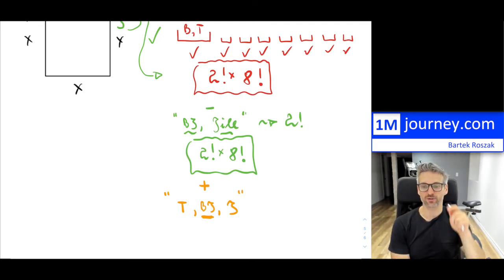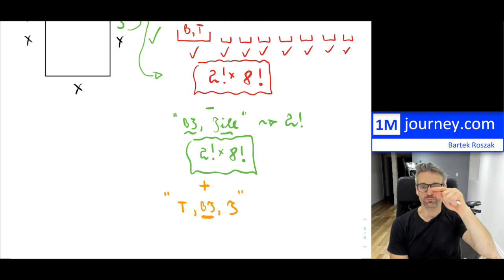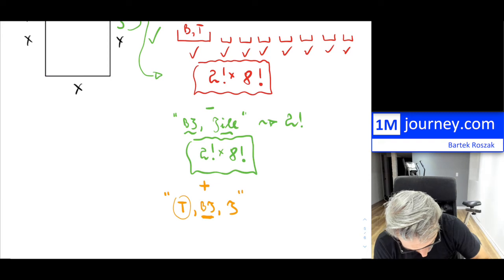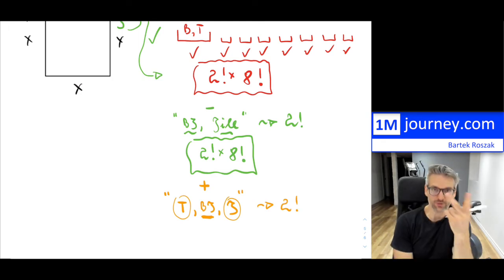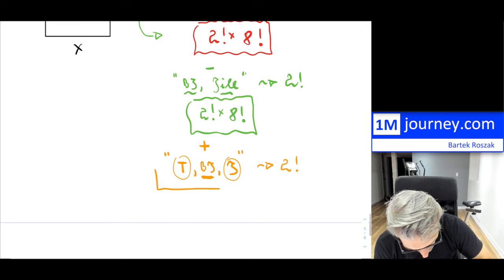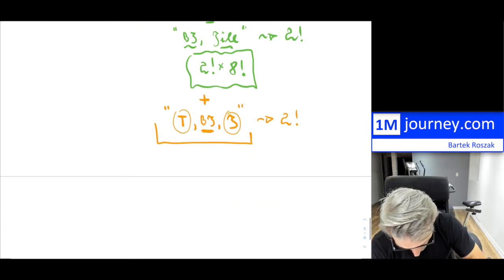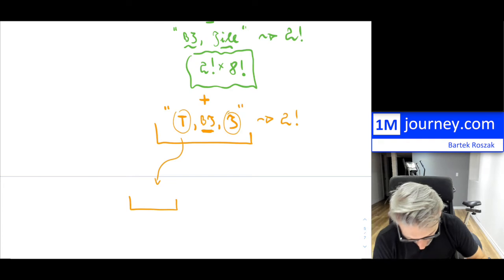It can be either Tommy, BJ, Jill, or Jill, BJ, Tommy, because Tommy and Jill can swap, so that's 2 factorial ways. Now this acts as 1 unit.